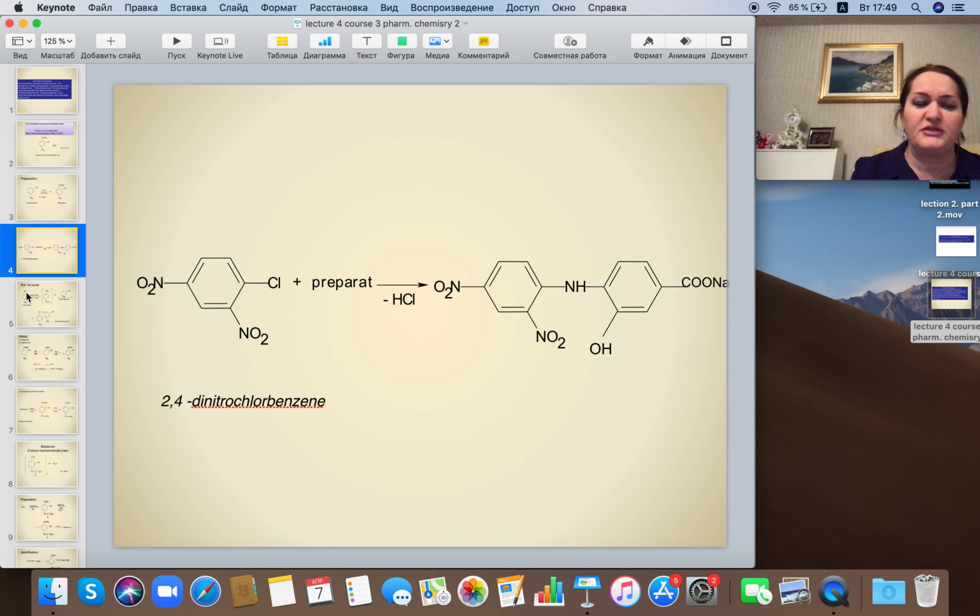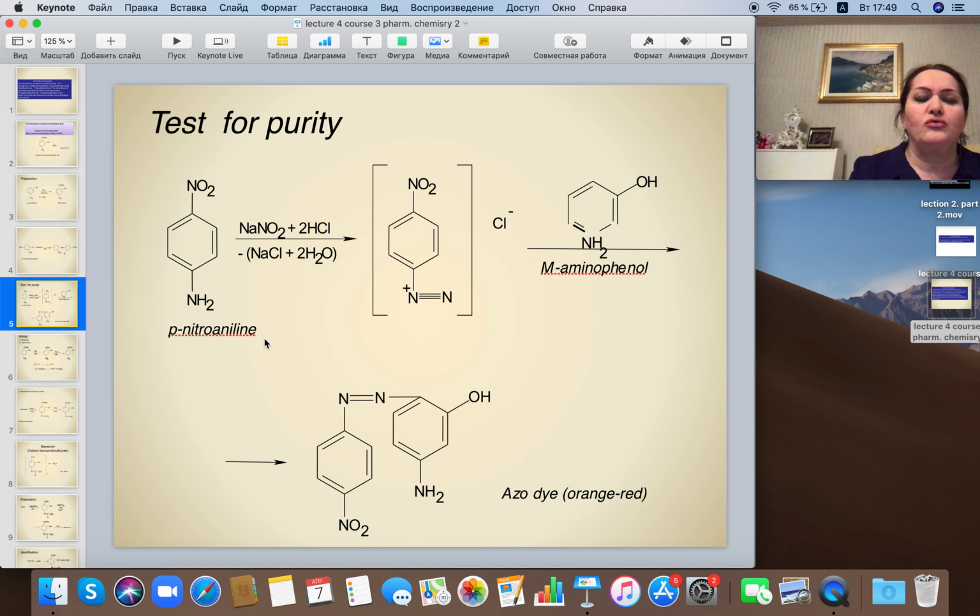Then when we check purity, we determine impurities. You know that a lot of the time there may be impurities in the primary substance, and the impurity of this preparation may be meta-aminophenol. For determination of meta-aminophenol we use a substance which has a primary aromatic amine, for example, para-nitroaniline.